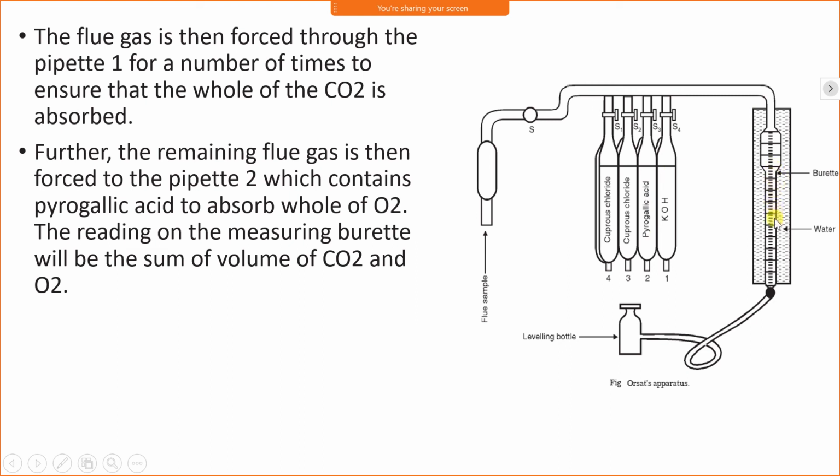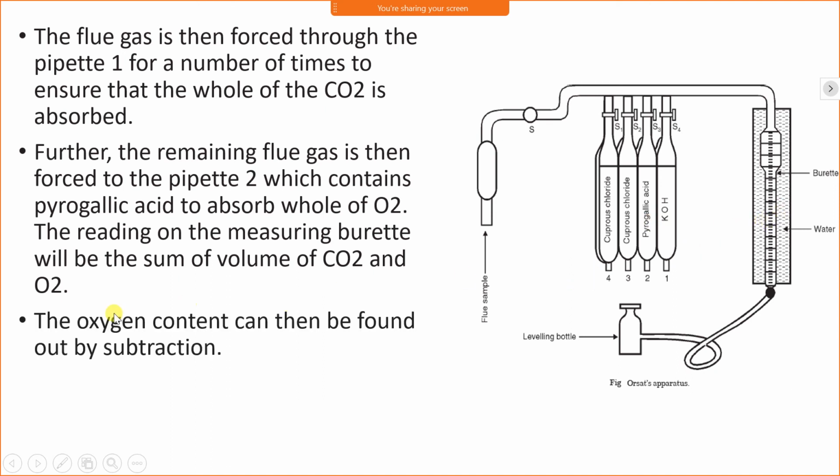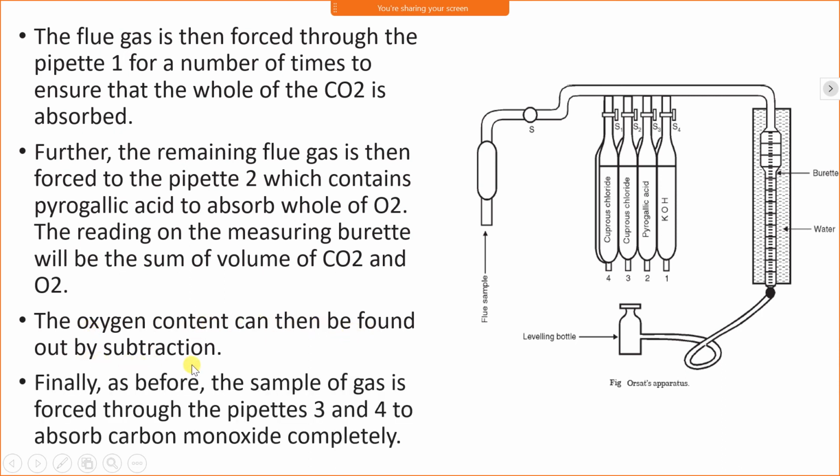The reduction in the quantity of gas is the total volume absorbed in pipette 1 and pipette 2, which indicates the sum of carbon dioxide and oxygen. If we subtract the second reading from the first reading, we get the amount of oxygen. The oxygen content can be found out by subtraction.